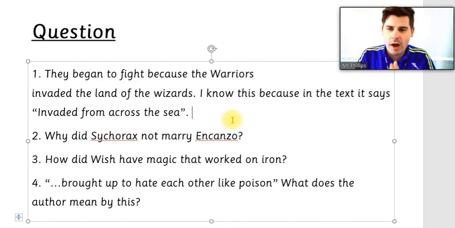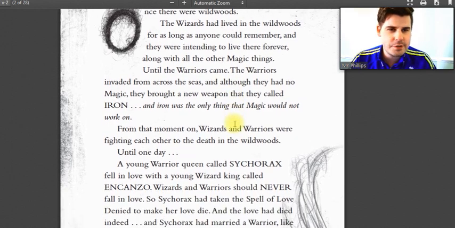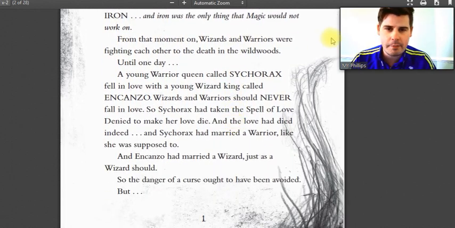Number 2 is a little bit easier. Why did Cinchorax not marry Incanzo? So we head back into the text. I think that was at the end of the first page, I vaguely remember. Yep, and it helps because all the names are in capitals. There's Cinchorax. A young warrior queen called Cinchorax fell in love with a young wizard king called Incanzo.